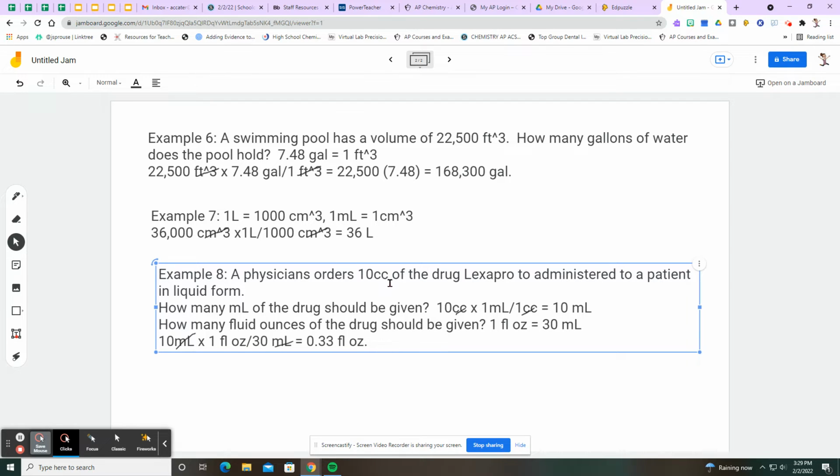And when a doctor writes a prescription or a nurse reads the prescription, they have to understand and read the unit as well, because otherwise, if they're just reading the number, they could severely overdose or potentially kill a patient because they gave them too much medicine or too little medicine. So you got to read the number and you got to read the unit both.